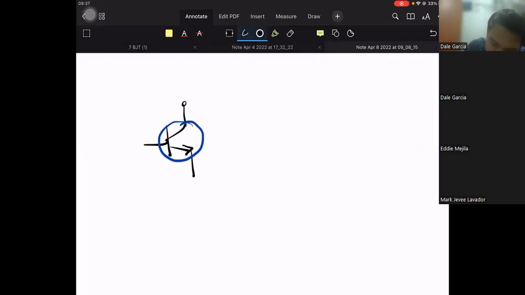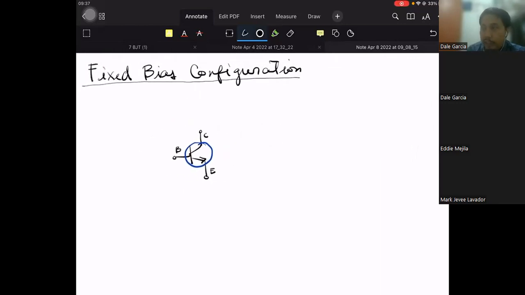This terminal is the collector, this one is the base, and this one is the emitter. How many external components do we need to connect to create a fixed bias configuration?